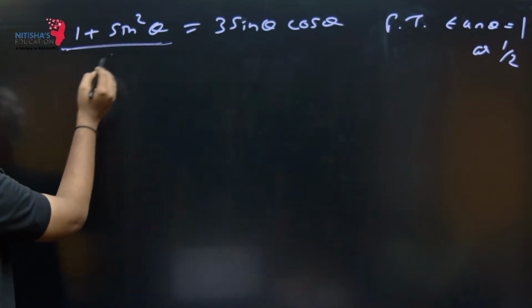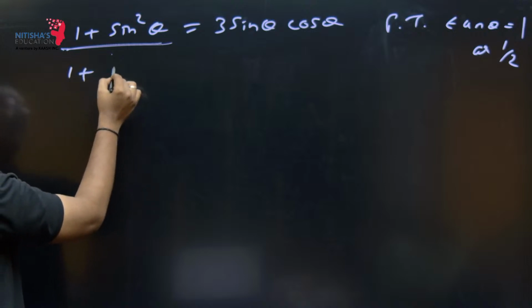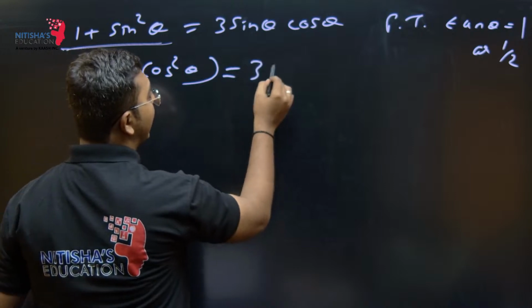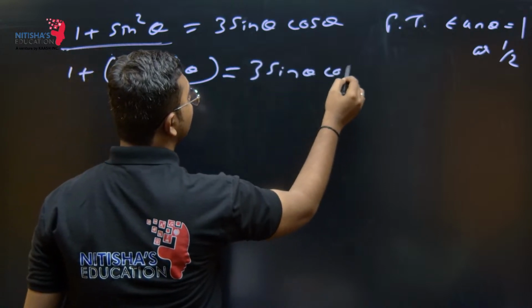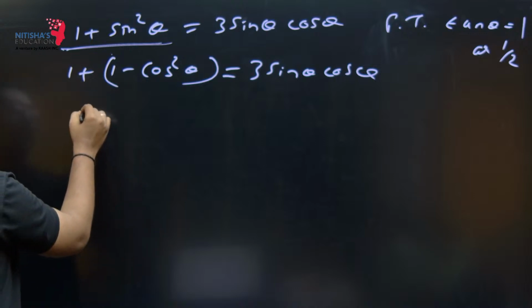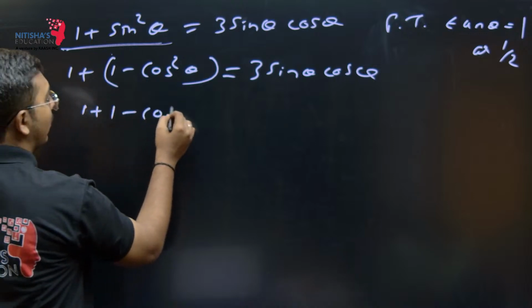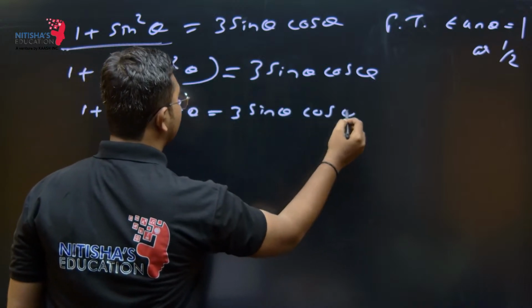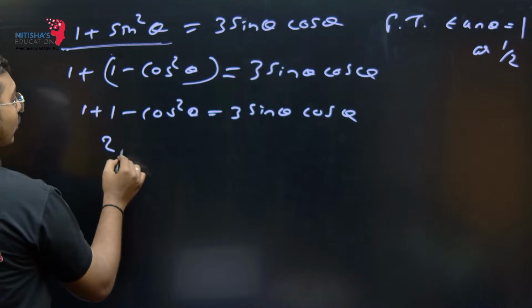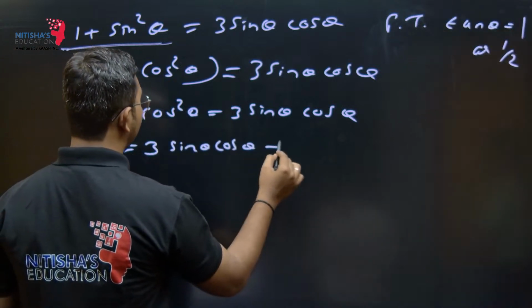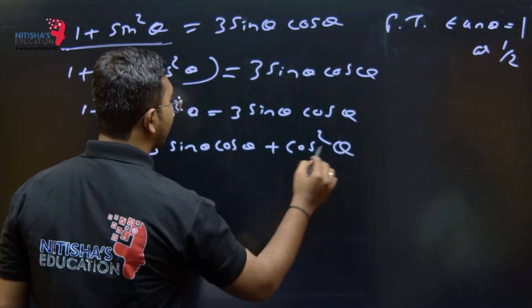So sin square theta can be considered as 1 minus cos square theta, equal to 3 times sin theta cos theta. So 1 plus 1 minus cos square theta is equal to 3 times sin theta cos theta, which will be 2 is equal to 3 times sin theta cos theta plus cos square theta.